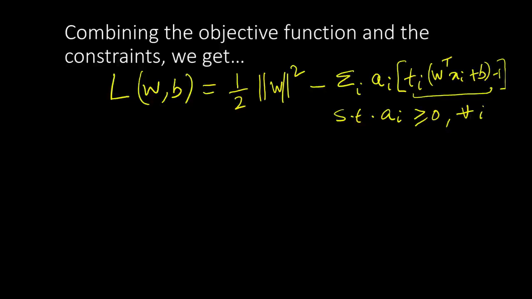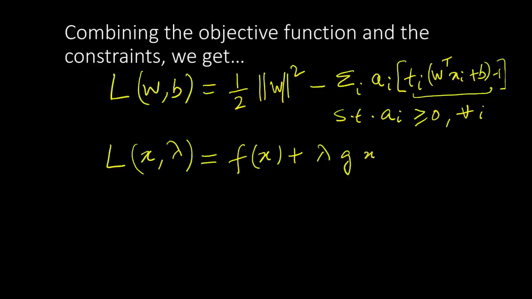So from Lagrange multipliers, what we know is that, let's say we have some Lagrange multiplier over some variable x. We have a Lagrange function, right? So let's say this function is f of x plus lambda g of x, with lambda greater than 0.